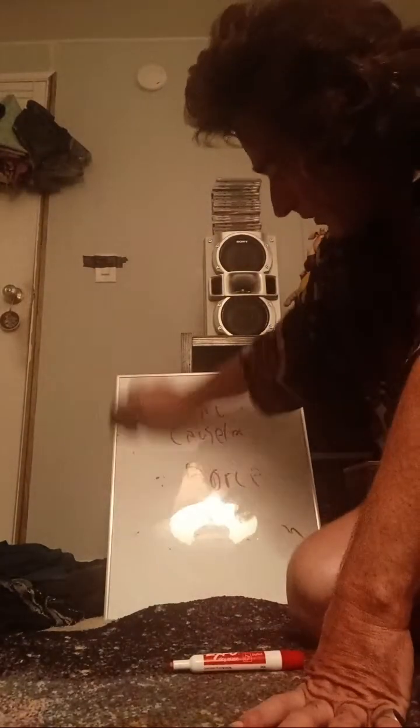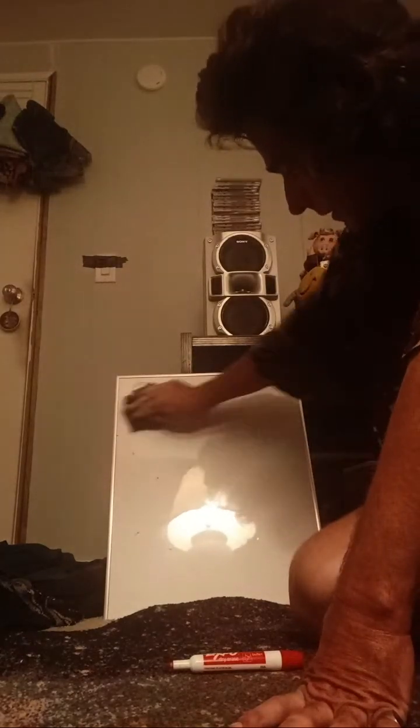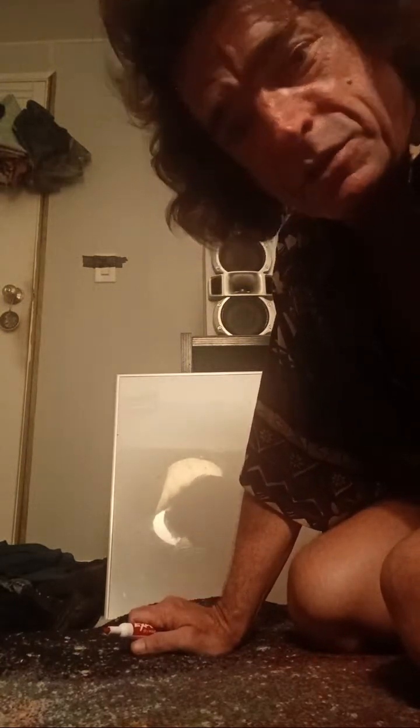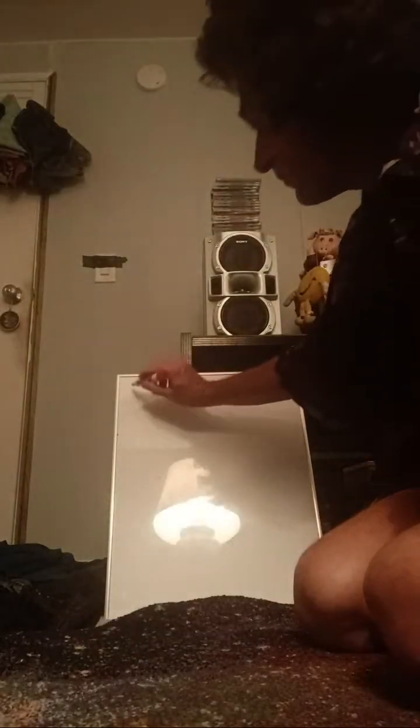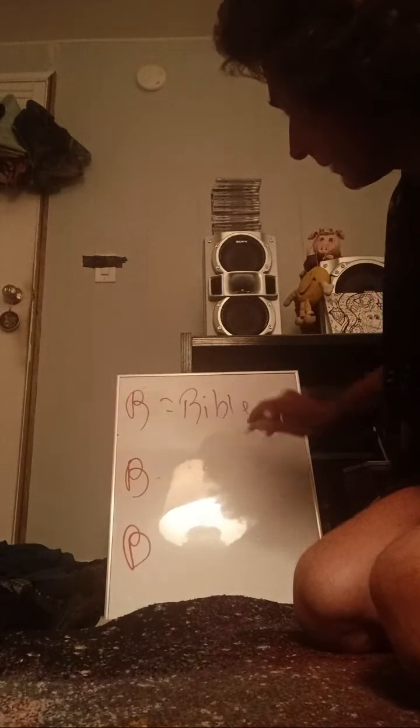Now, as far as the two choices in existence theory, plus I want to talk about what I mean by existence theory. The two choices of existence theory involve those three words: causeless, force, and creation, and they also involve these three that all start with B. The first one is Bible, meaning what the Bible story is.